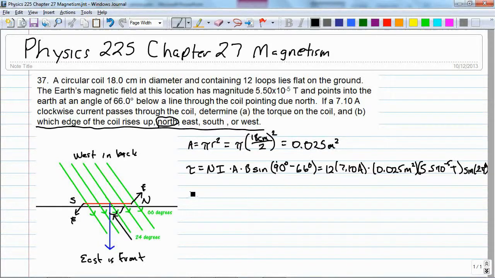And our torque is a whopping 4.85 times 10 to the minus 11th newton meters.